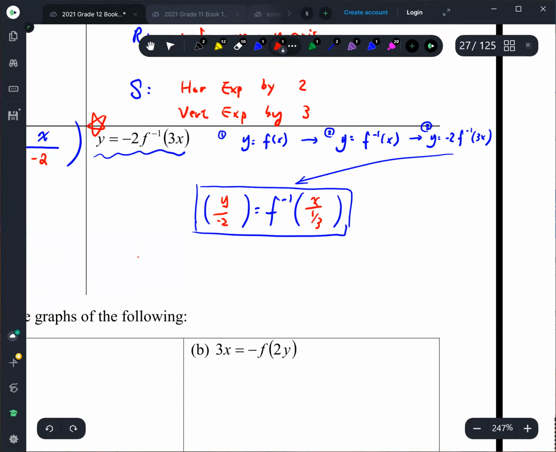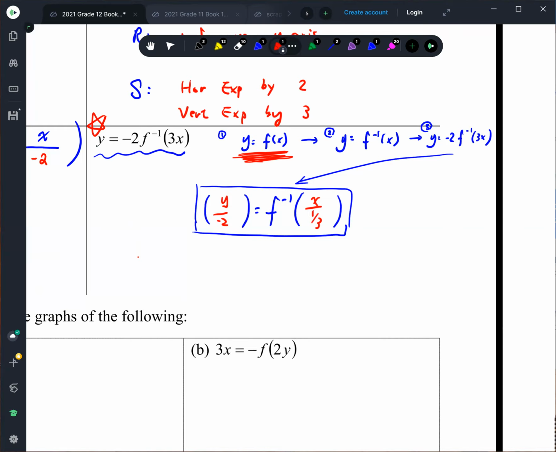Okay, so normally, right, if there's no -1, we just start to say, okay, reflect over x-axis and so on, right? The stretching and shrinking part. But because you have to compare with the basic, which is this one, y equals f of x, first it has to become inverse, and then you apply all the other things to the inverse.